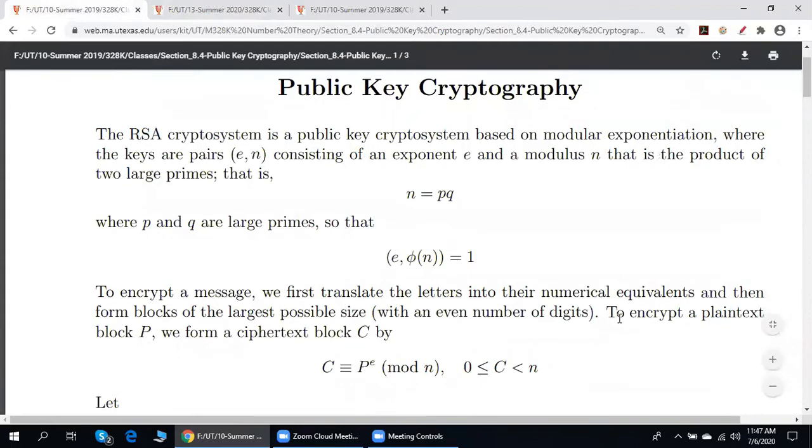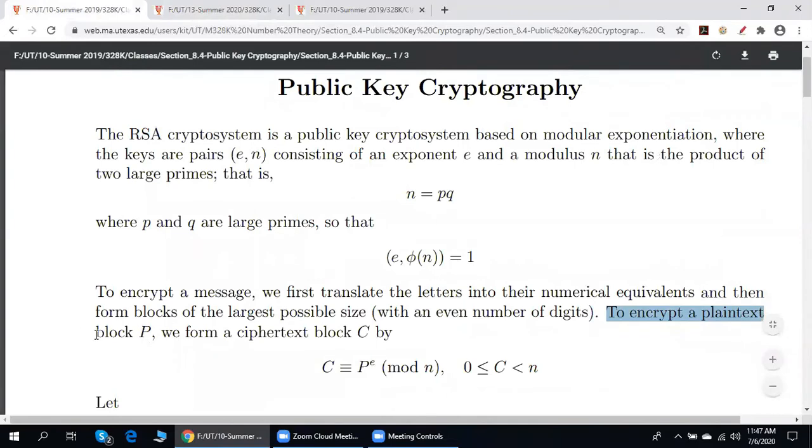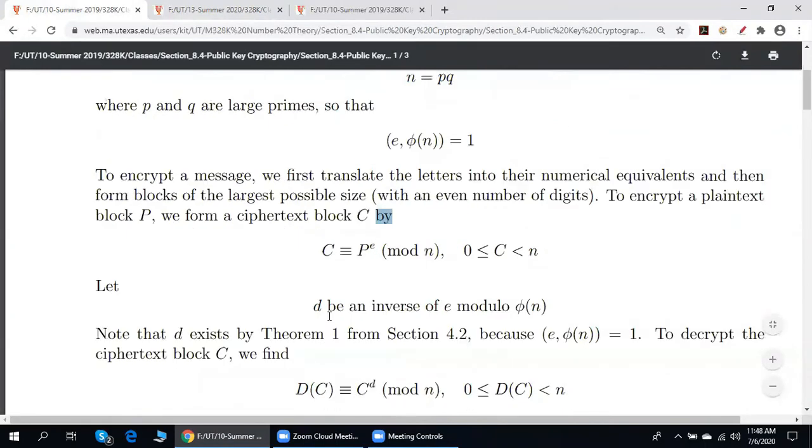Now let us see how we encrypt. To encrypt a plain text block P, we form a cipher text block C by the following formula. C is congruent to P to the eth power modulo n, where C is greater than or equal to 0 and less than n.